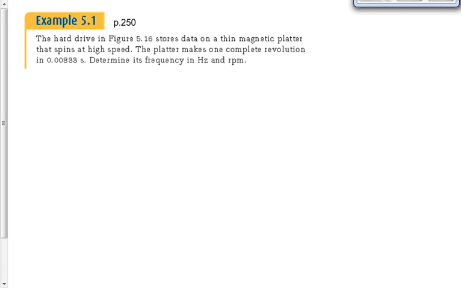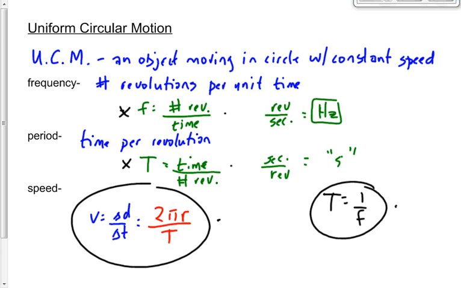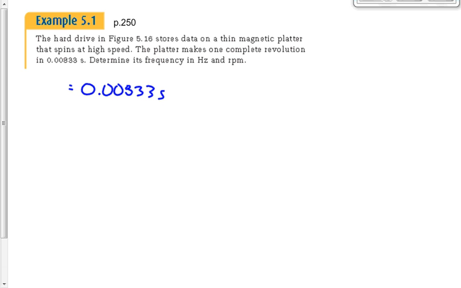So we get this hard drive that's spinning around. It's making one revolution in 0.00833 seconds. Can you tell me, please, what that number represents? We defined 3 terms earlier here: frequency, period, and speed. Can you tell me what that number is? Is it frequency, is it period, or is it speed?